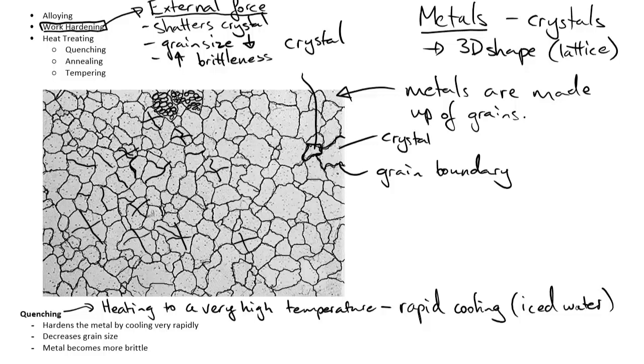So once that pin is red hot, you're putting the pin into ice water. The ice water very quickly cools that metal pin, and this results in grain size decreasing quite substantially because all the atoms are just frozen into their location.